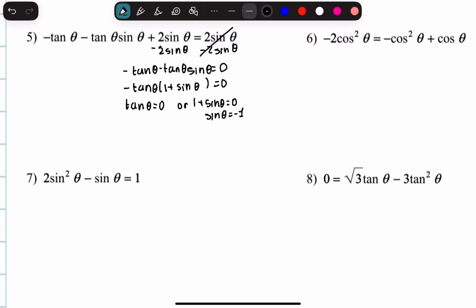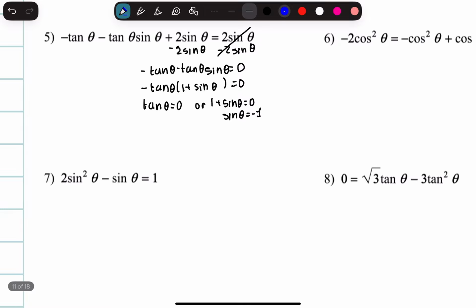But we also have to note that tangent of theta must have solutions defined where cosine of theta cannot equal 0.